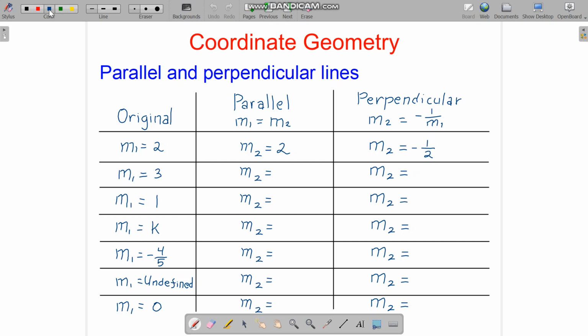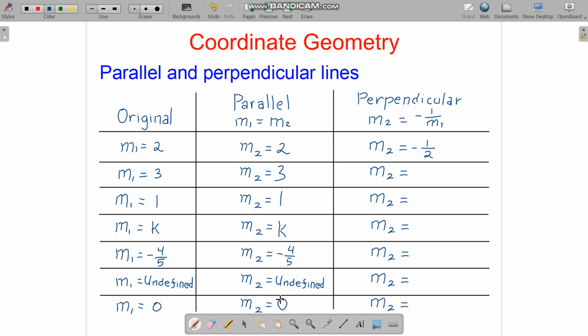So for the next example, 3 also 3, 1 also 1, k also k, minus 4 over 5 also minus 4 over 5, undefined also undefined, and 0 also 0.